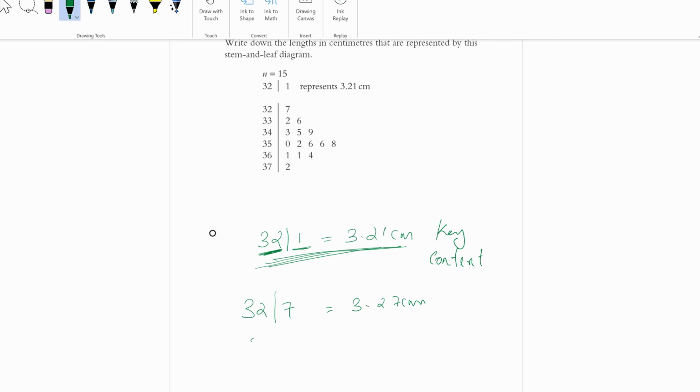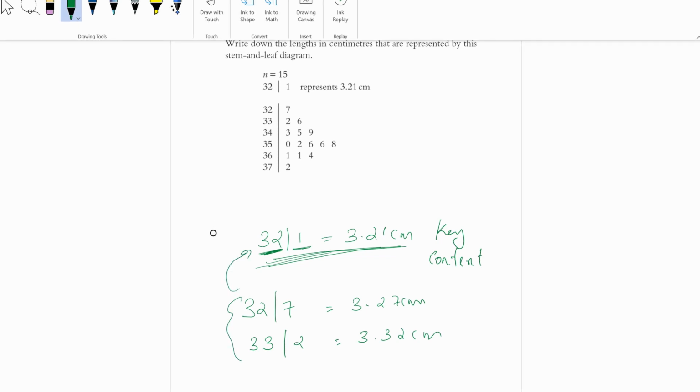Now you have 33 bar 2. This can be decoded as 3.32 centimeter. So all this decoding happens based on this key.